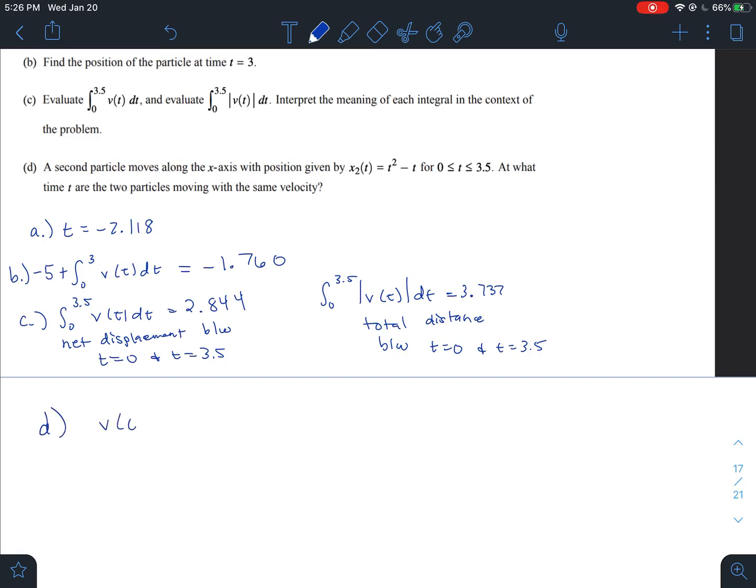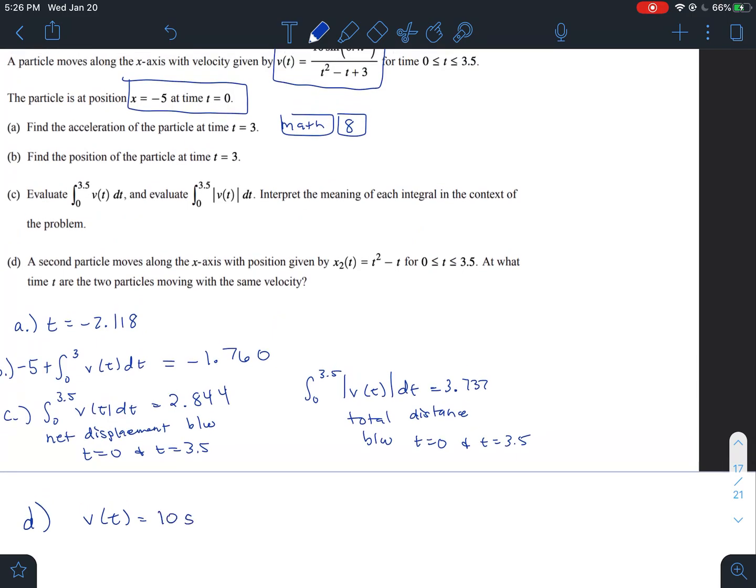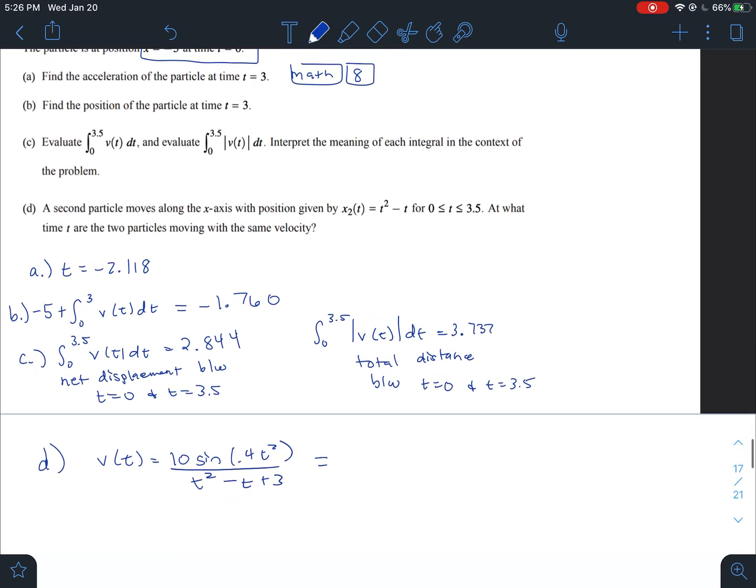For part D, the velocity of the original particle was v of t, which was 10 sine 0.4 t squared divided by t squared minus t plus 3. And we want to know when that's going to equal the velocity of this second function. Well, the velocity of the second function is going to be 2t minus 1.